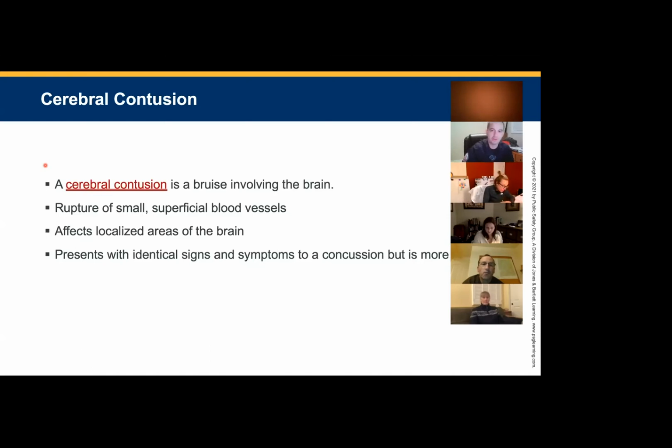So how would you determine? Simply asking those questions is not going to distinguish it. How about feeling the head, feeling the injury site? Okay, let's say they have a closed head injury. We don't see any bruising, because that bruising could be on the brain itself. So what happens if we don't see any bruising or feel any soft spots? How can you tell the difference between a cerebral contusion and a concussion?